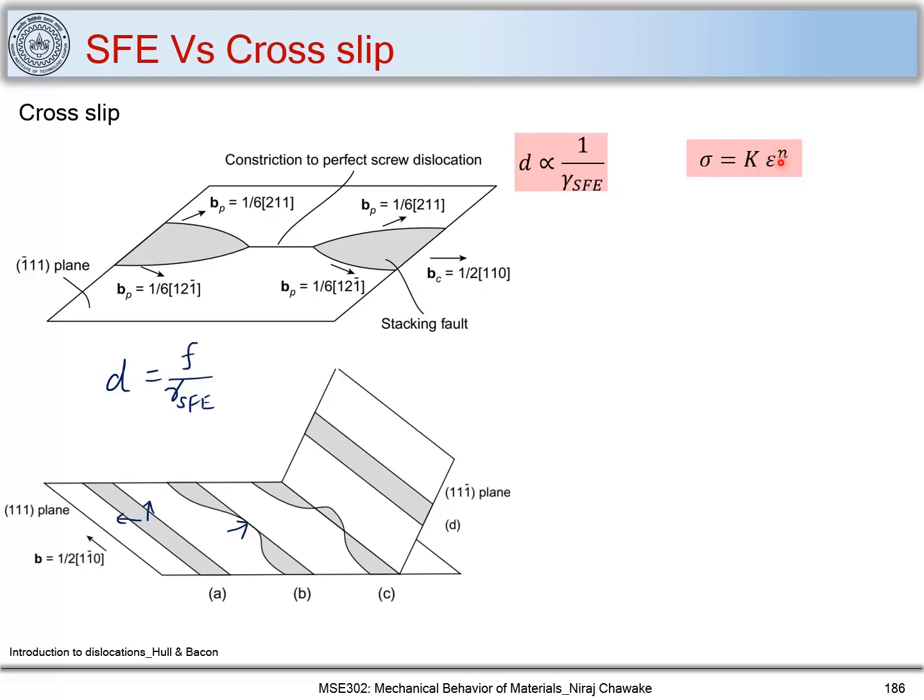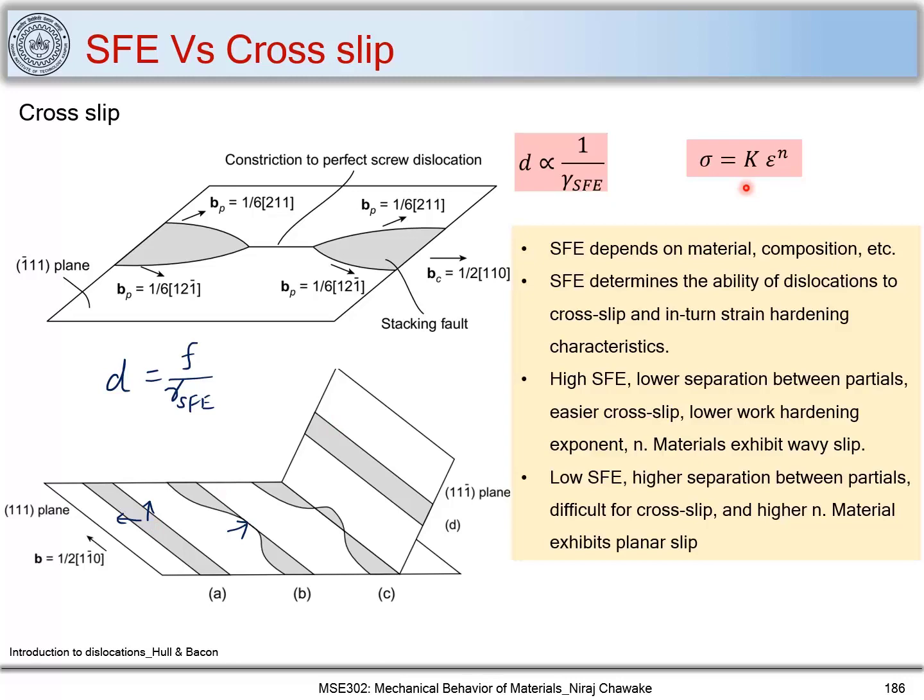Now let's consider the effect of gamma SFE on the separation of these two partials and its effect on strain hardening. The stacking fault energy depends on the material, crystal structure or composition. It determines the ability of a dislocation to cross slip, and in turn the strain hardening characteristic.